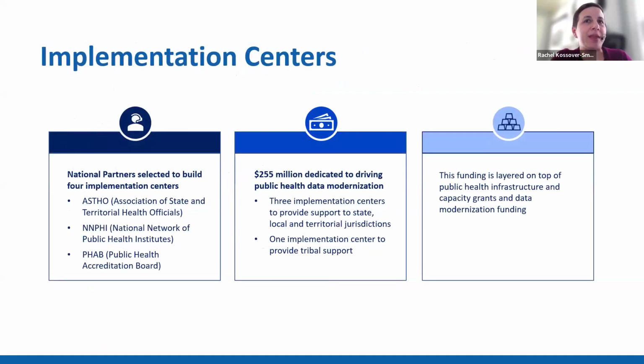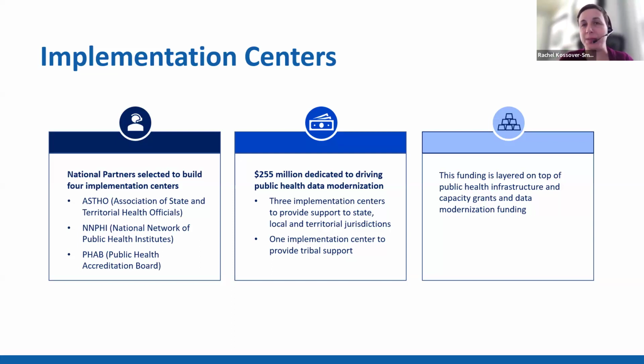So I said something about the implementation centers. What this is, through the overall public health infrastructure grant program run out of CDC's Public Health Infrastructure Center, is an effort funding 3 of our national partners. The funded partners you can see there on the left are the Association for State and Territorial Health Officials, National Network for Public Health Institutes, and the Public Health Accreditation Board.